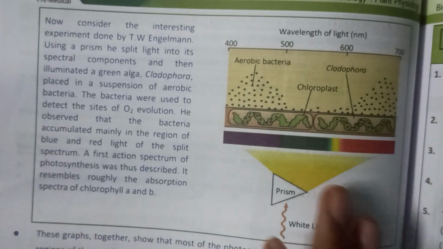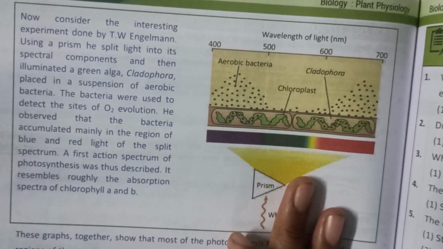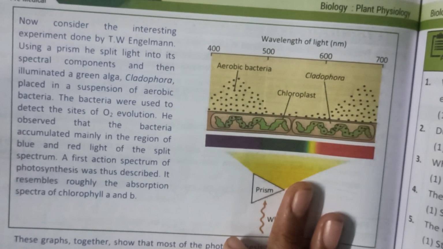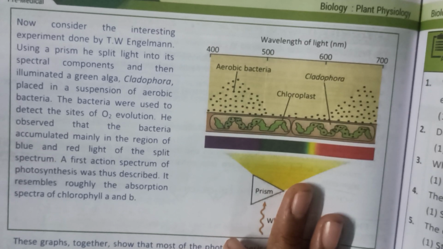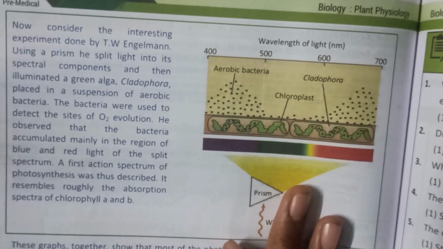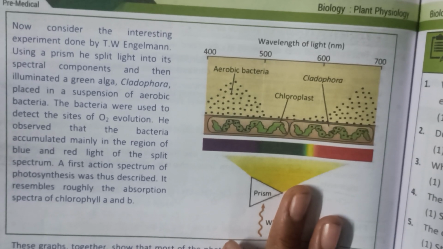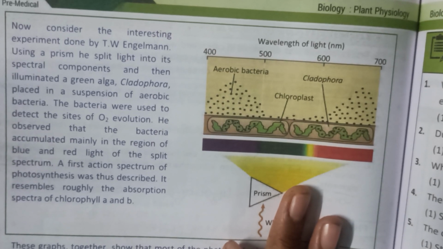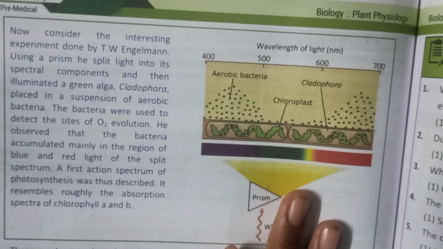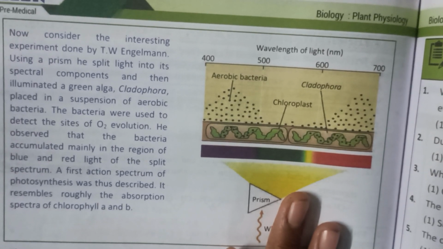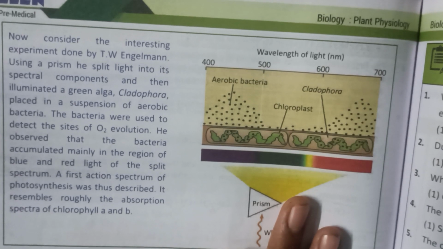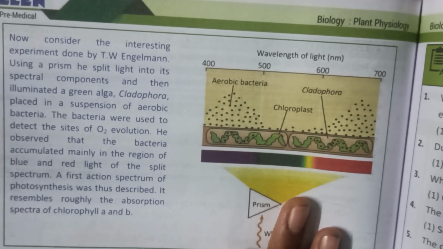Now consider the interesting experiment done by T.W. Engelmann. Using a prism, he split the light into its spectral components. If we use this prism, it will split white light into various colors, the seven colors. Then he illuminated a green algae, Cladophora, placed in a suspension of aerobic bacteria.